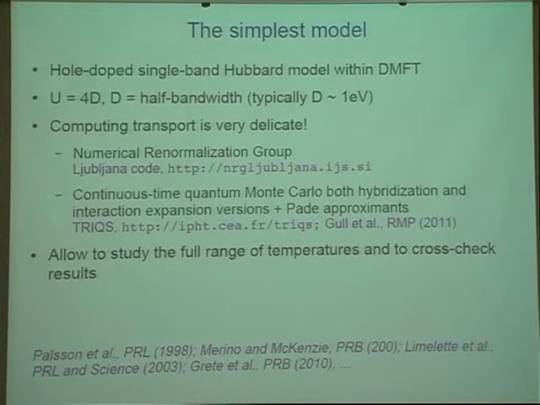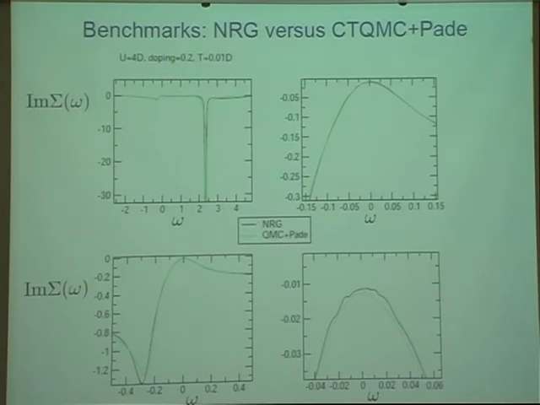Just to mention, this is not the very first DMFT work that addresses similar questions. I've mentioned a couple of them here. There's actually also work by Thomas Pruschke on this subject. Now, just to give you an idea, a benchmark, this is maybe more for experts, but I think it's worth looking at for a second. Typically the quantity we're trying to continue analytically to the real axis is the self-energy. And this is what we get using these two methods.